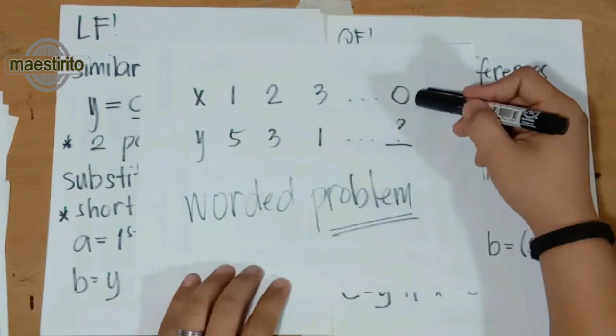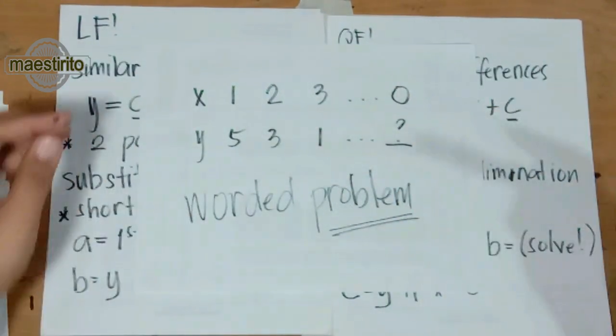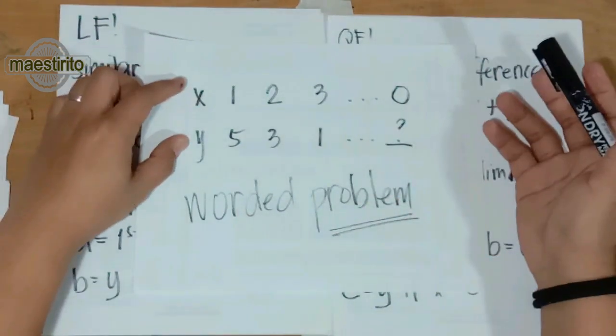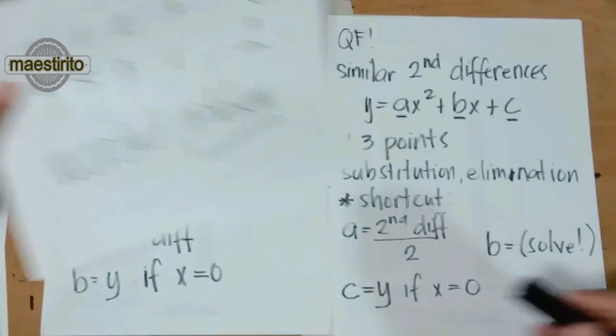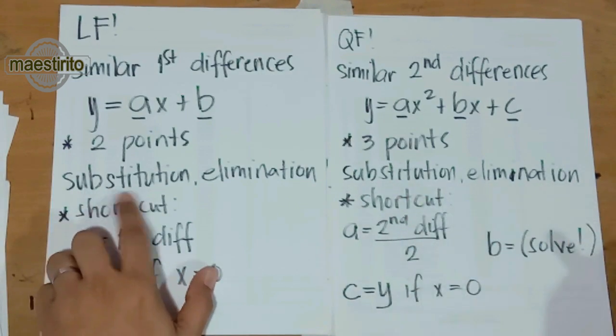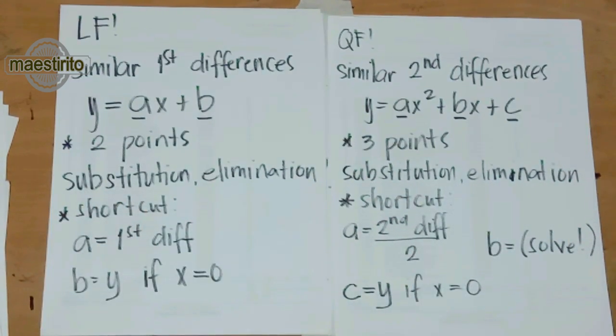If your x is 0, then what would be your y? As long as you have understood the worded problem, it would not be very difficult if you're going to use the shortcut. But again, if you cannot do that, then you have no choice. You have to do the long methods, either substitution or elimination.